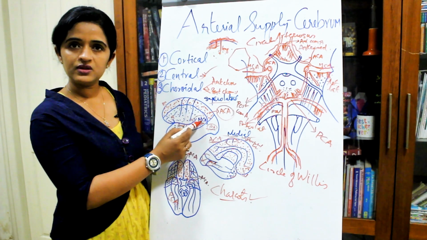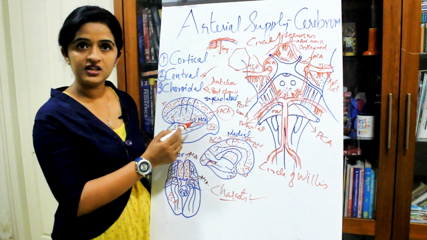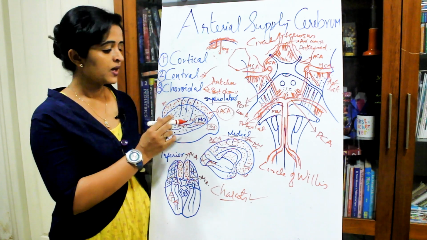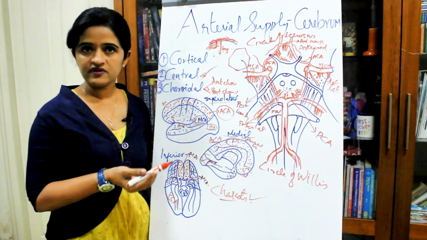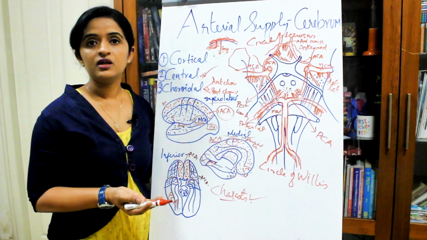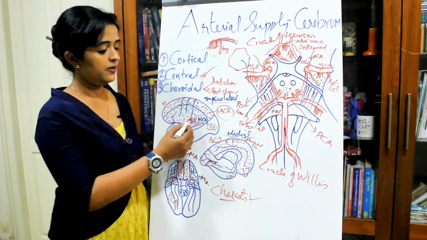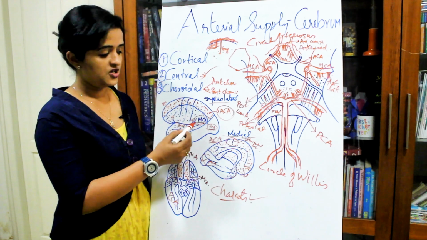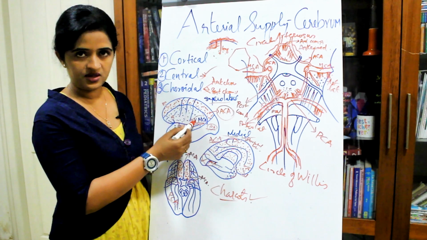The middle cerebral artery, we said, is mainly supplying the chief motor and sensory area. So if this chief motor and sensory area is affected, the opposite side, the contralateral hemiplegia, will be the presenting complaint of the patient if this middle cerebral artery region is affected.